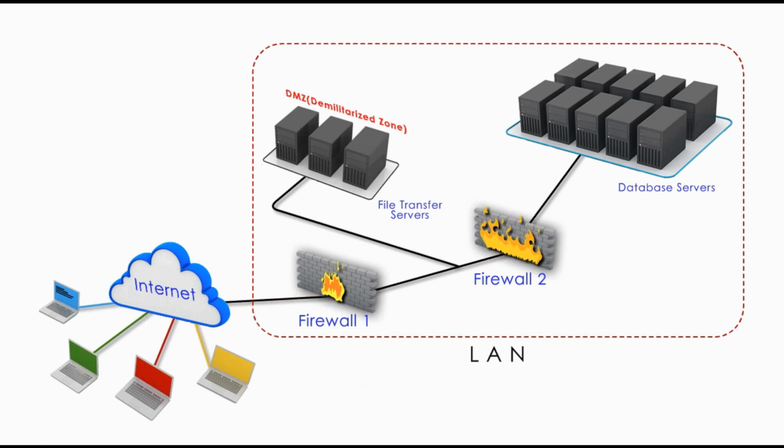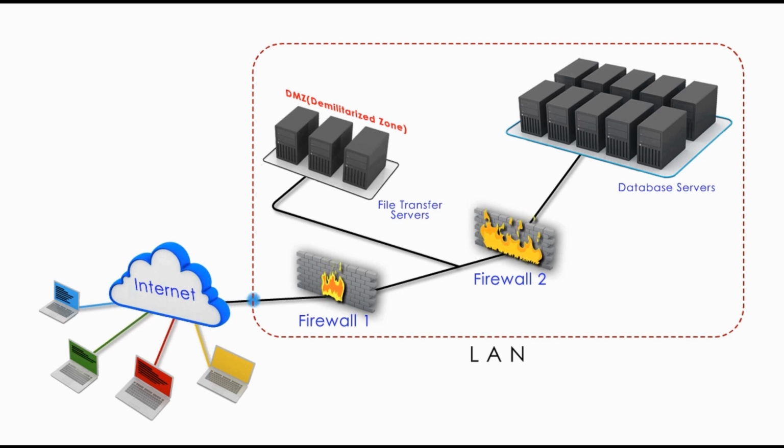Let's look at this example. Within this company's local area network, there are two areas or two parts. One area is heavily protected intranet. The company does not want the internet users to access this part easily.